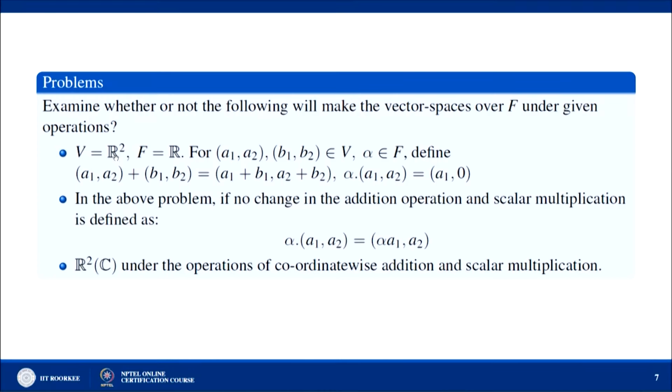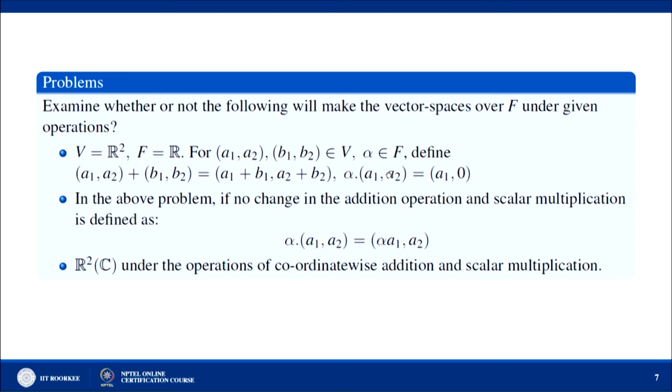Now, let us discuss a few examples which are not vector spaces. If you take V equal to R2 over the real field and take any two arbitrary elements (A1, A2), (B1, B2) in V, alpha belonging to the field, and you define addition like this, which is standard addition, and dot like this, then it will not constitute a vector space. The reason is very simple.